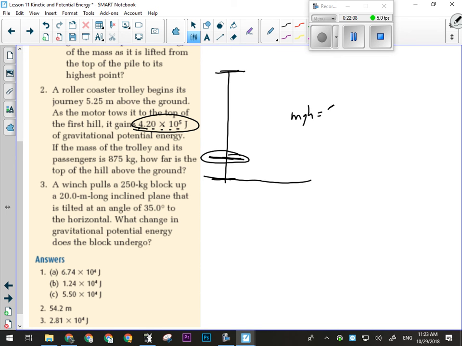So what we got here, 875 times 9.81 times 5.25.